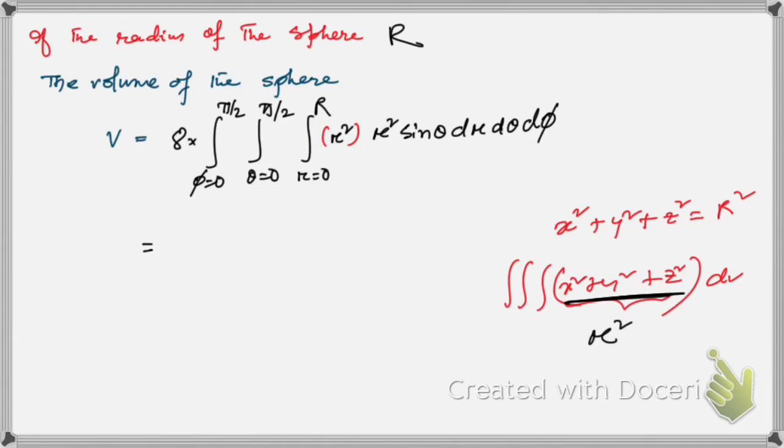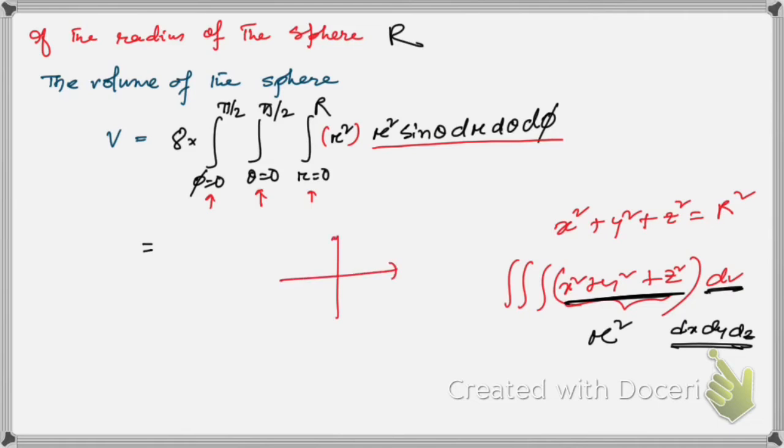And we have taken dv, that is dx dy dz, in spherical polar form. That's why this dv volume element is this one, in spherical polar coordinates. When you integrate from phi equal to 0 to pi by 2, theta equal to 0 to pi by 2, then r equal to 0 to capital R, you will get the volume of the sphere.